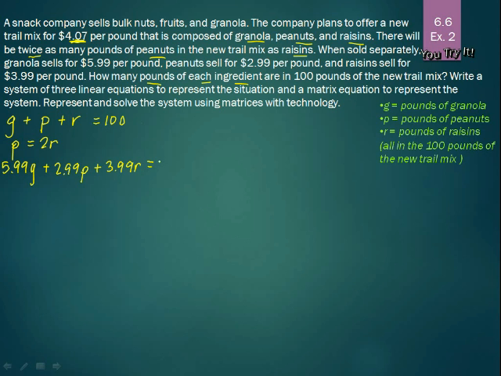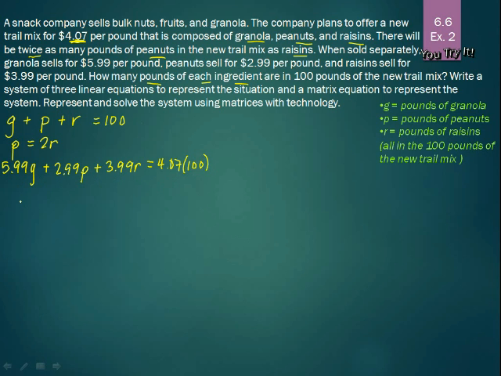It should equal $4.07 for the total number of pounds of all these added together. Well, we know all of those added together is 100. So if we multiply that by 100, then we should get how much these prices and the number of pounds of each should add up to.